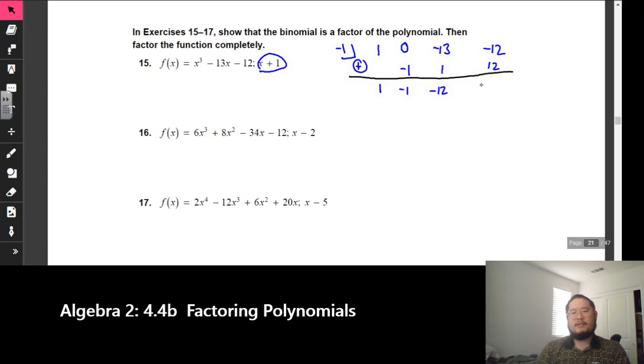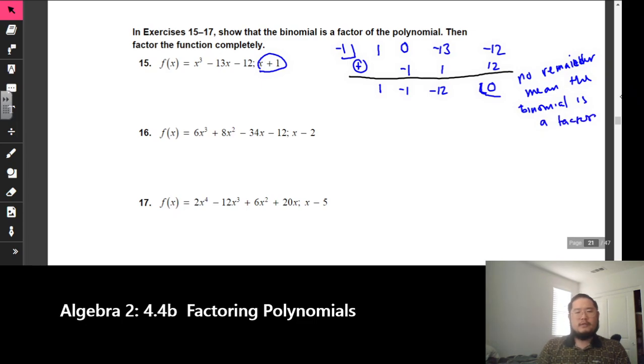So -12 plus 12 is 0. Guess what? We have no remainder. That's a good thing, because no remainder means the binomial is a factor.